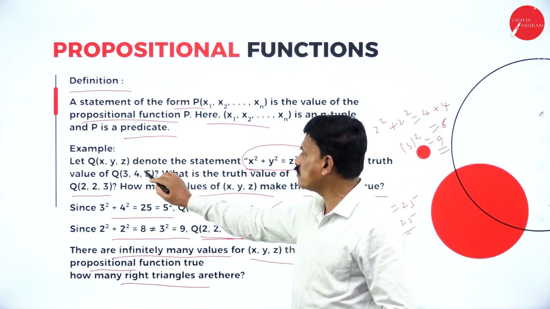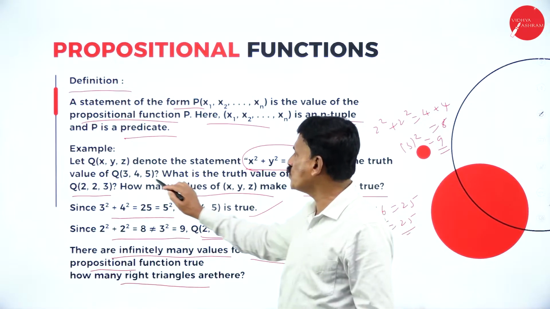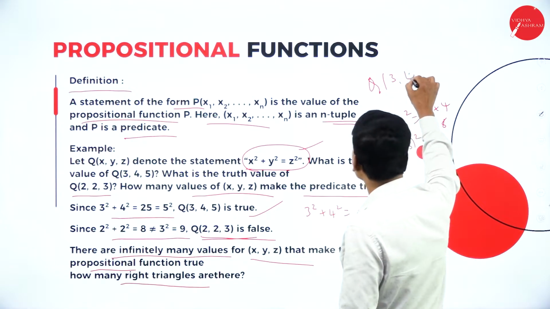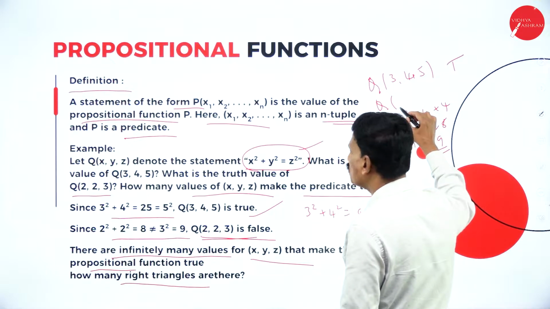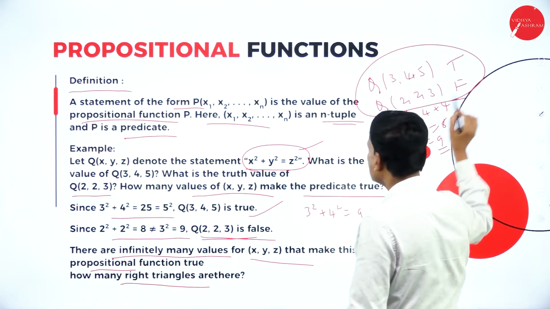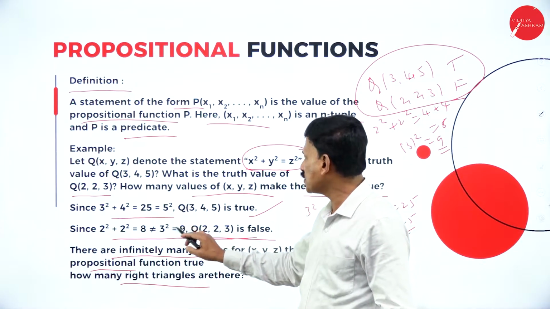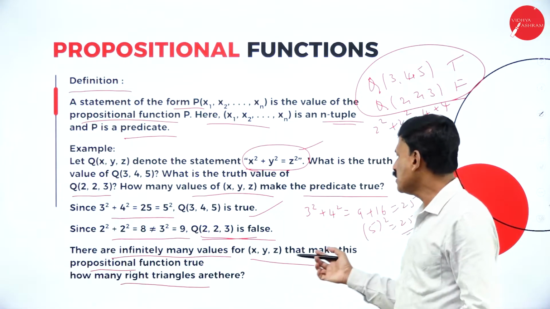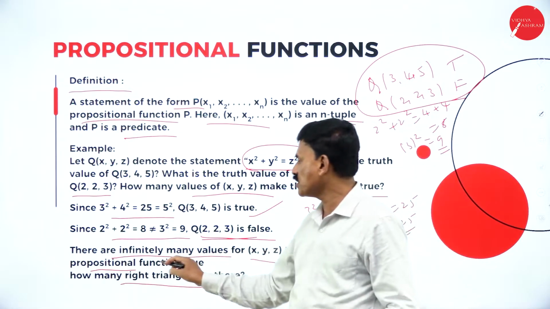The statement is true for Q of 3, 4, 5, whereas for Q of 2, 2, 3 the statement is false. So the truth value for the first is true and for the second is false. We can write infinitely many values for x, y, z that make the propositional function true.